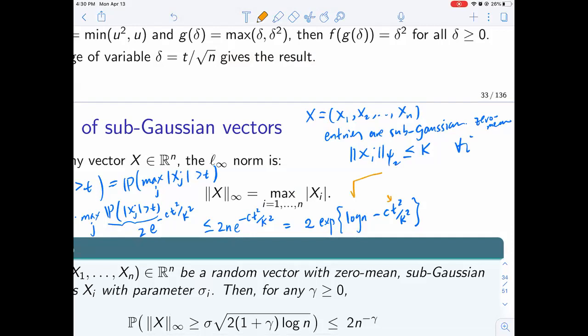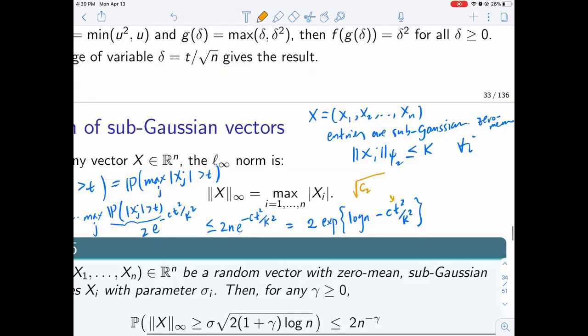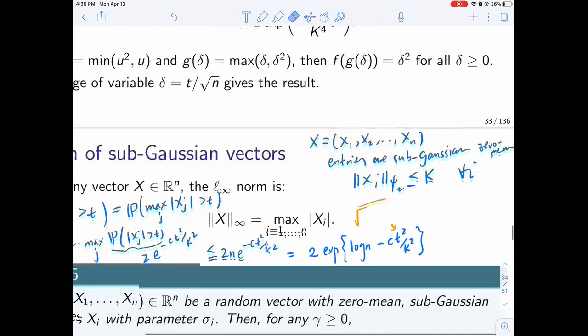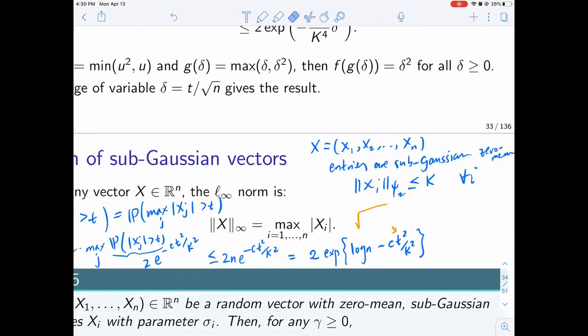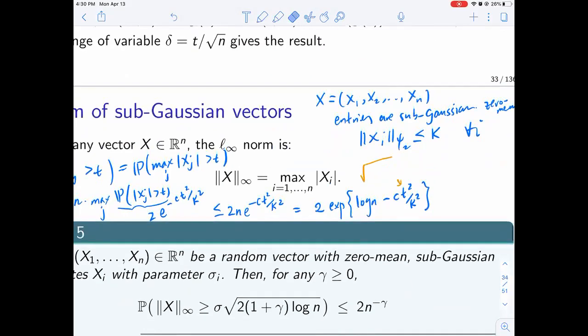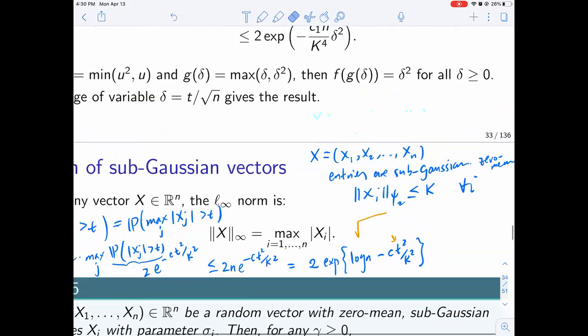So you can verify that I can take it to be root log n, with some constant c2 k. With proper constants, let's forget about this.